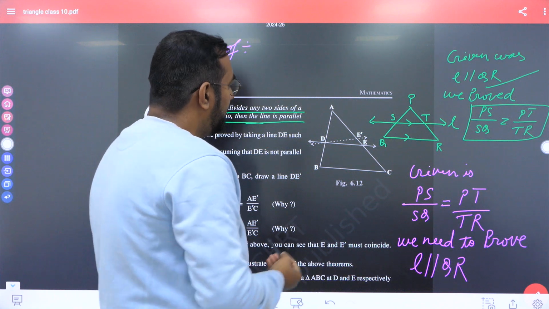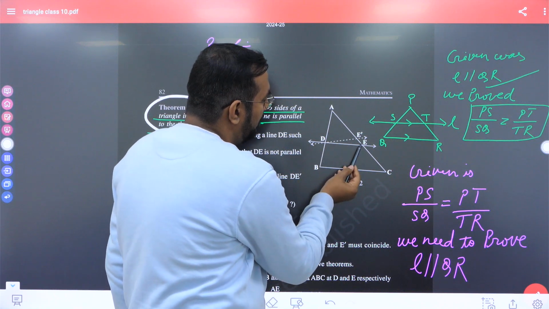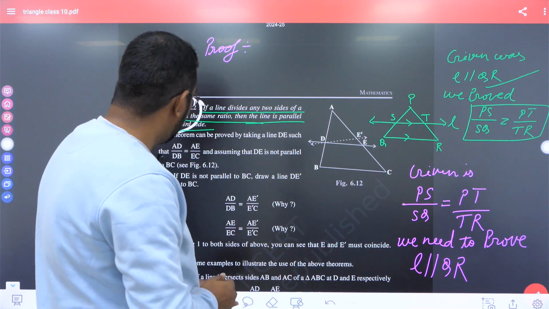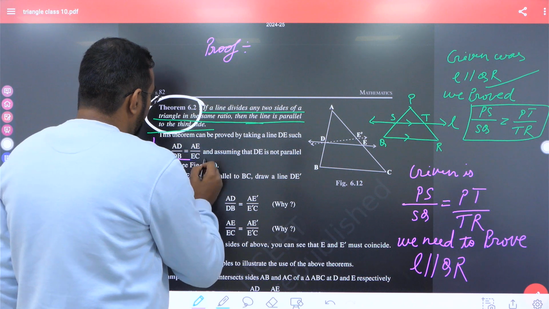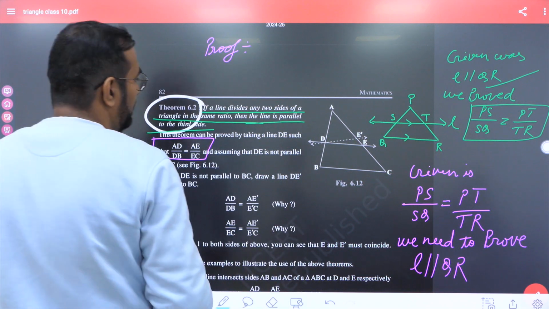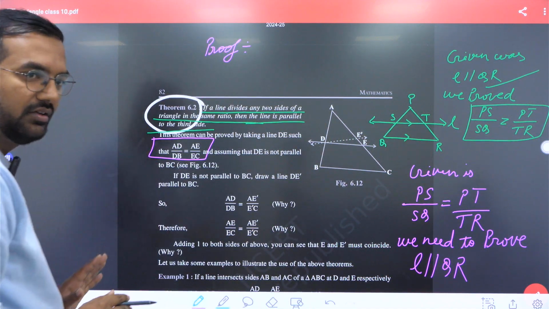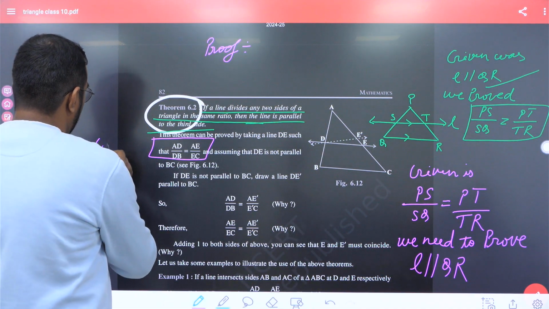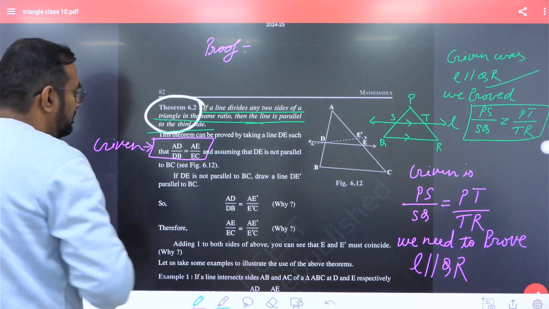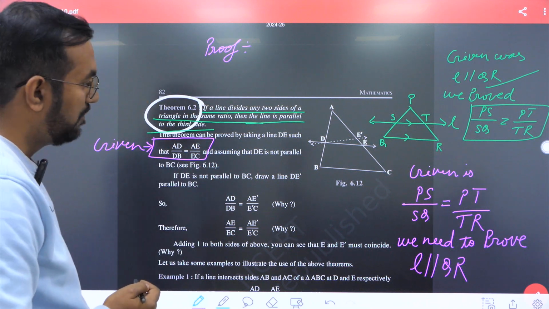Now it is given that AD upon DB is equal to AE upon EC. It is given.